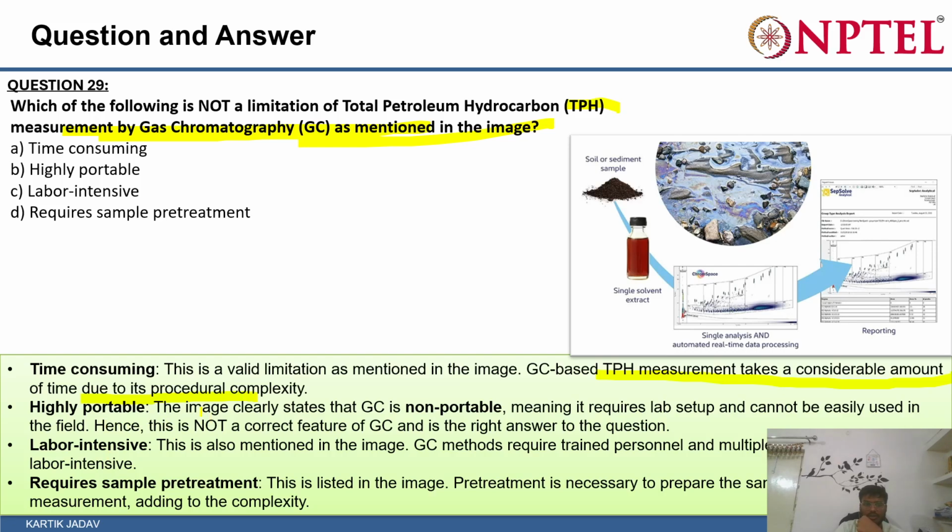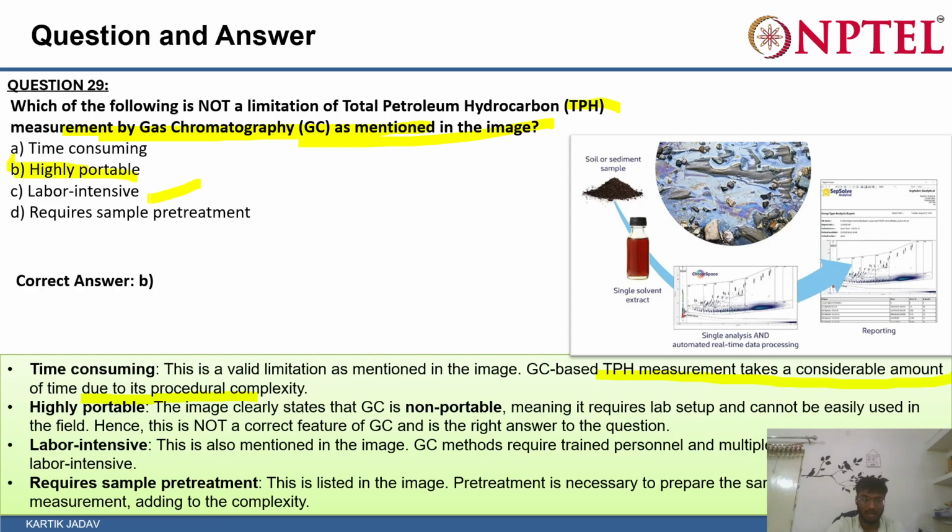Highly portable? GC is not portable, right? Because it is a comprehensive device. It has various components in the analysis. It requires certain gases, gas cylinders, then heavy instruments, then a desktop. So all that cannot be portable. So the correct answer is option.